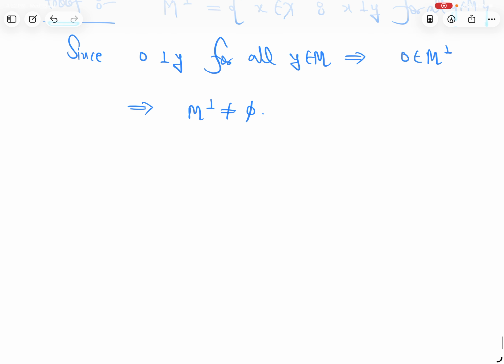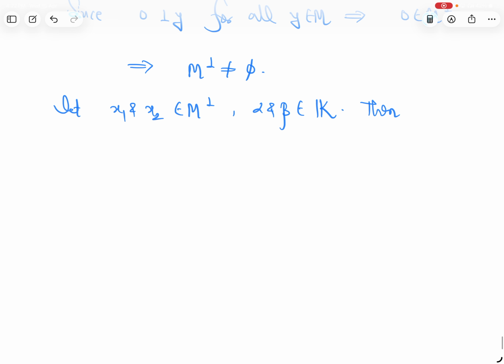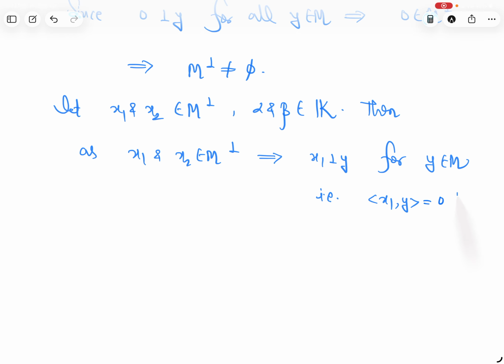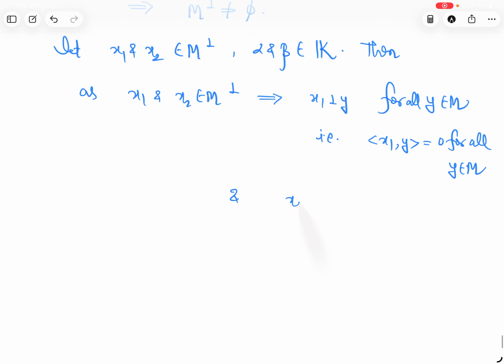So let x1 and x2 belong to M perp, alpha and beta belong to field K. Then as x1 and x2 belong to M perp, x1 is orthogonal to y for all y belongs to M. That means x1 y is equal to 0 for all y belongs to M, and x2 is also orthogonal to y for all y belongs to M. That means x2 y is 0 for all y belongs to M.